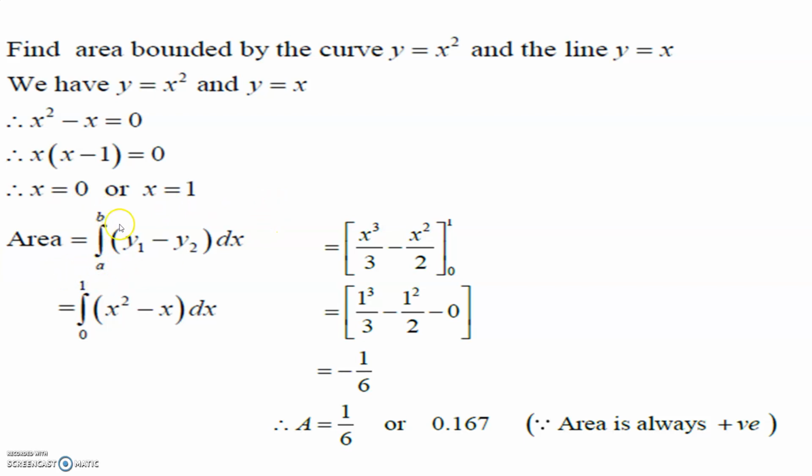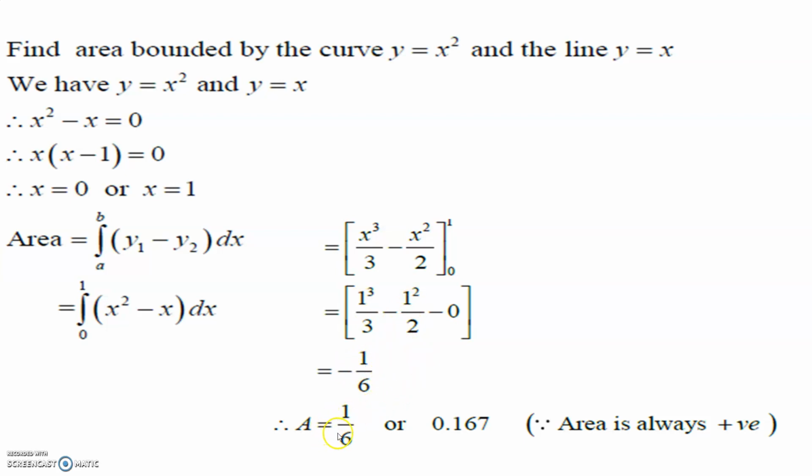Lower limit a, upper limit b, integral of y1 minus y2 dx is defined. So x square minus x dx is there. We know that integration of x square is x cube upon 3 and integration of x is x square upon 2. We have to put upper limit 1, lower limit 0. 1 cube upon 3 minus 1 upon 2 minus 0. Cross multiplication is going on, so we derive 2 minus 3, it is minus 1 upon 6.